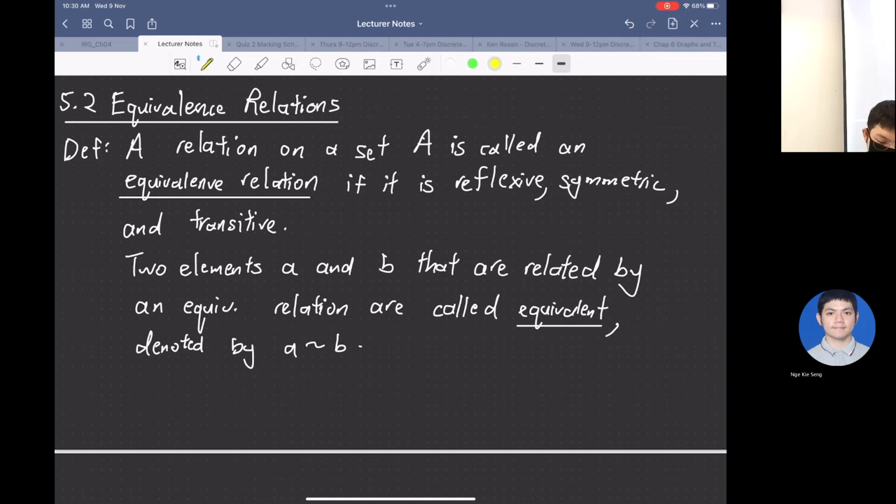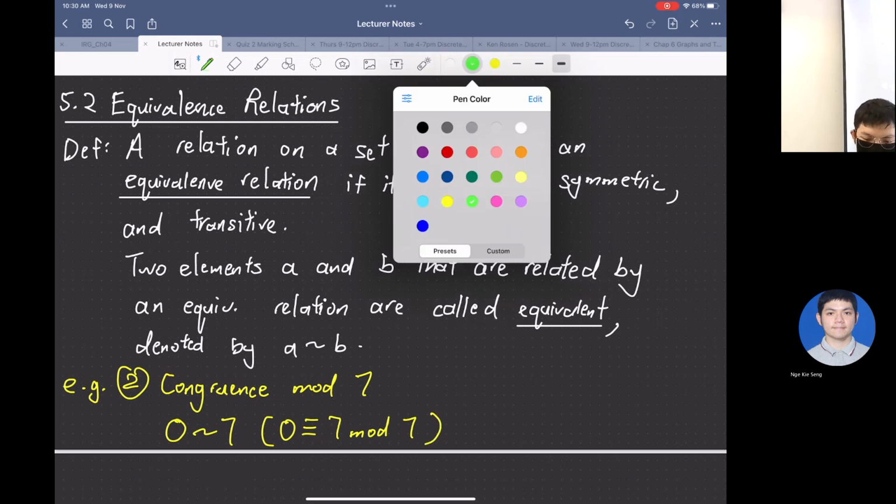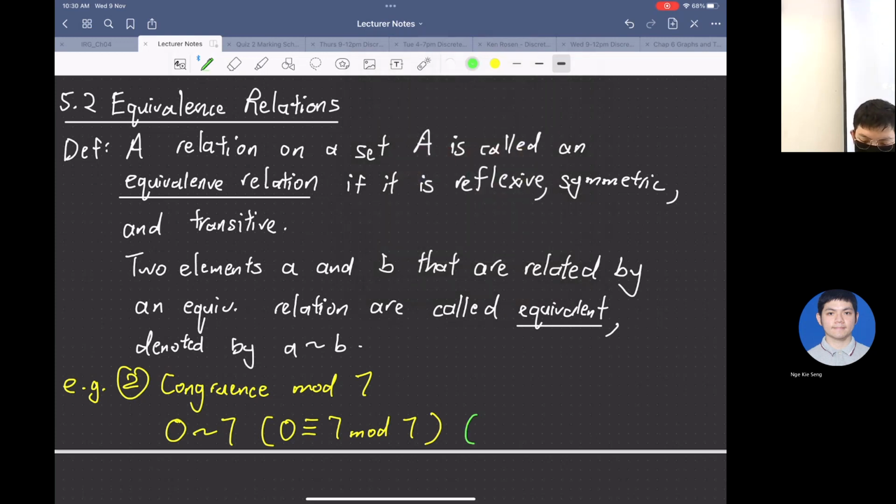For example, the congruence mod 7. We will say that 0 is congruent to 7. Remember the notation. But we cannot write 0 equals 7.